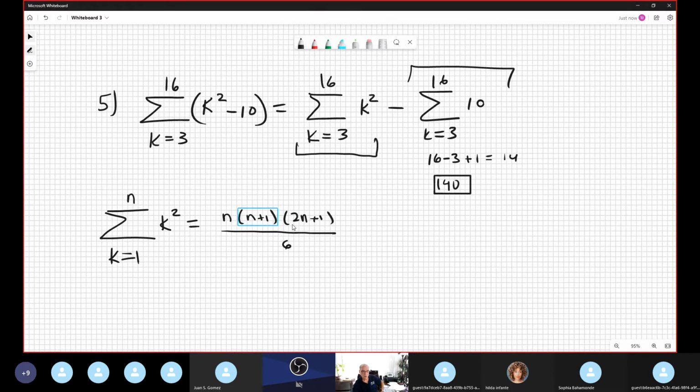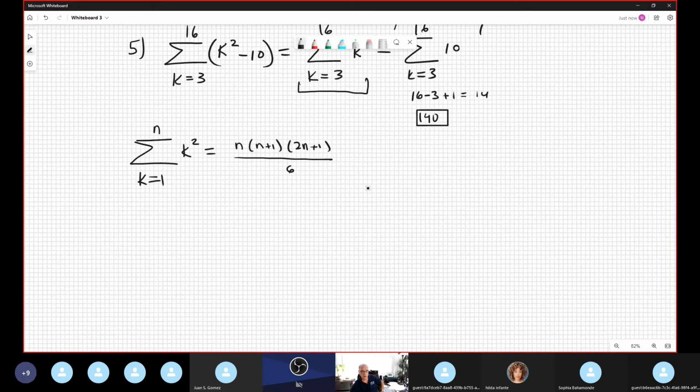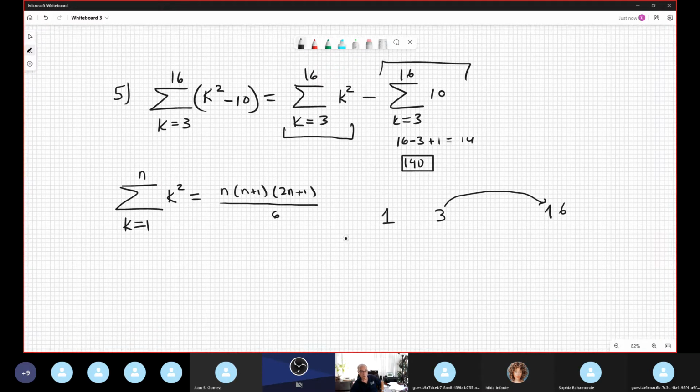Okay, suppose that I need the summation from 3 to 16. But I have no formula, because my formula always starts at 1. But I can compute this and subtract this.